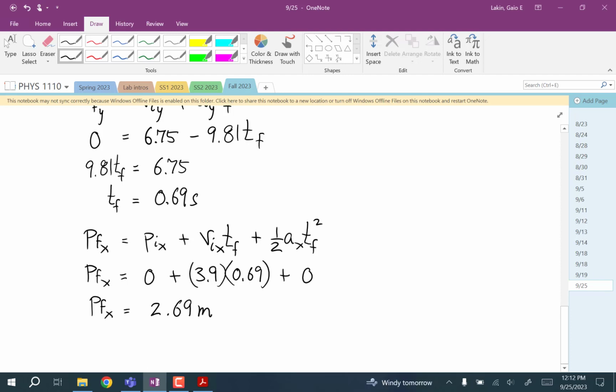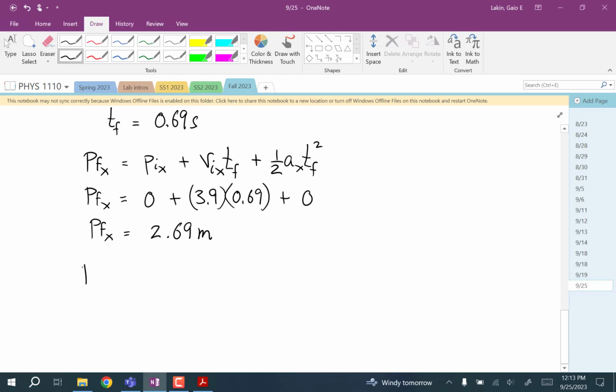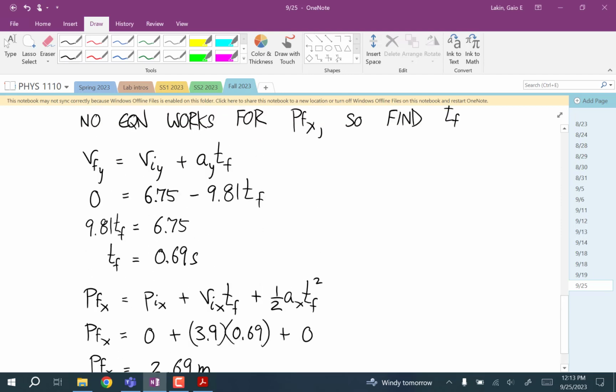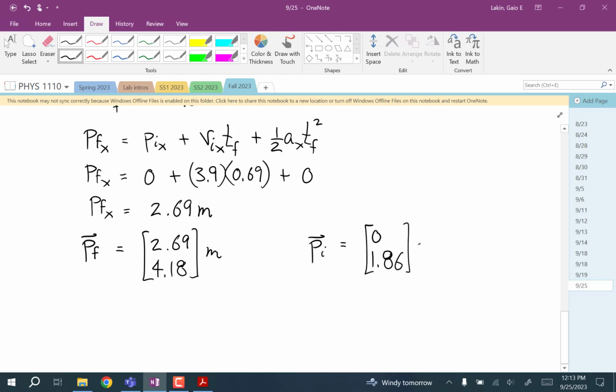Okay. So together, these things tell us that PF as a vector is equal to 2.69, 4.18. And we already knew that P initial is 0 for X, 1.86 for Y.